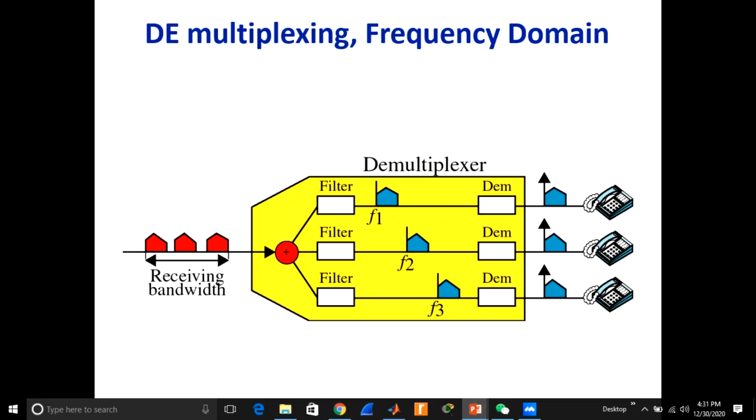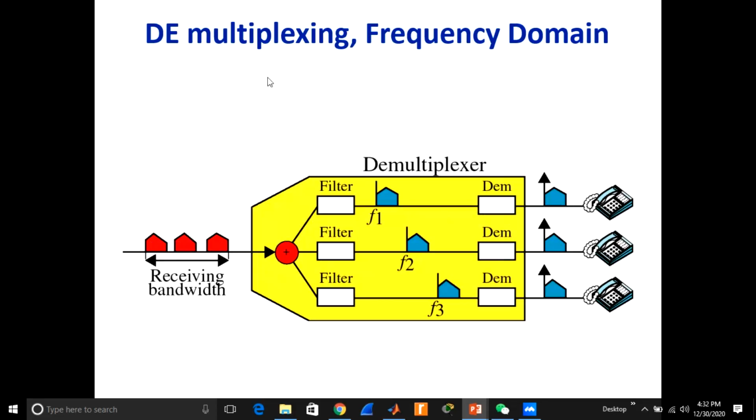When we pass them through the band pass filter, each will pass only its own portion. These will not pass through this filter; only one will pass. And when we give the signal to this filter, it will pass only signal number 2, and this will pass only signal number 3. And then we use the demodulators, and we will get its own signal.